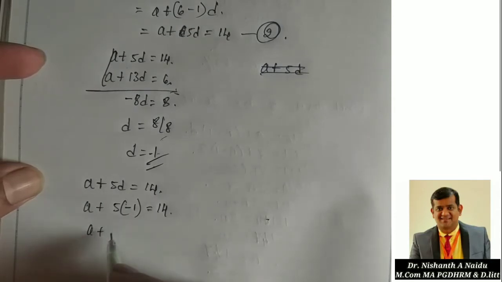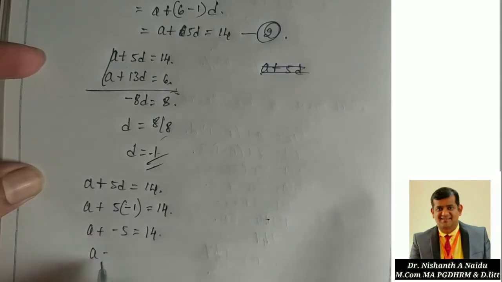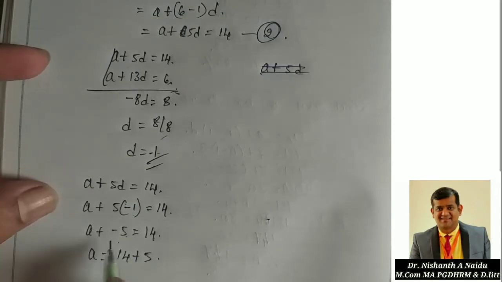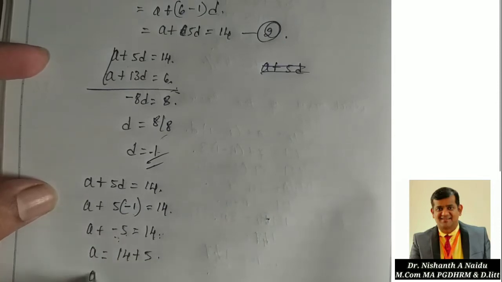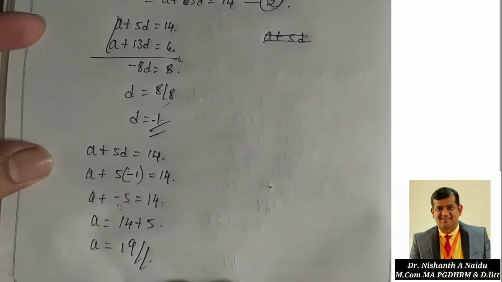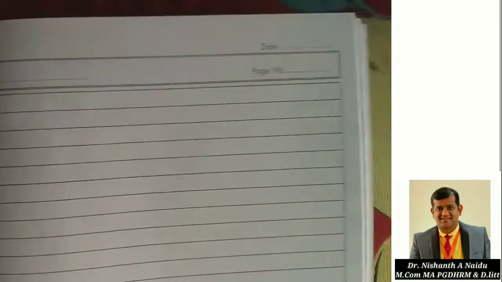So A minus 5 equals 14. So A equals 14 plus 5, because minus 5 comes to the other side and becomes plus 5. Therefore A equals 19. Understood?